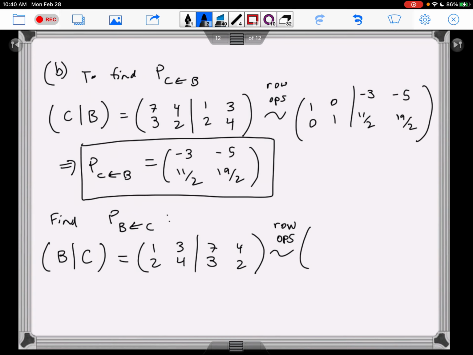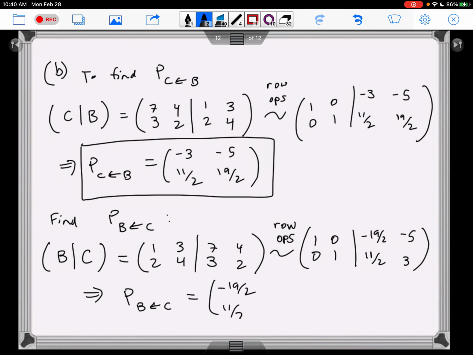So you end up with 1, 0, 0, 1, and then we get negative 19 halves, 11 halves, negative 5, and 3, which means that your change of basis matrix from C to B is equal to that guy.